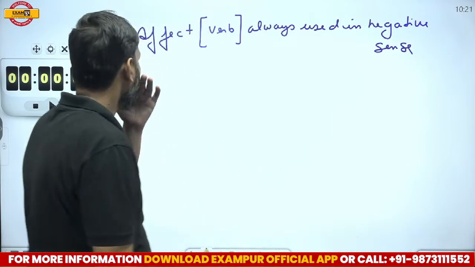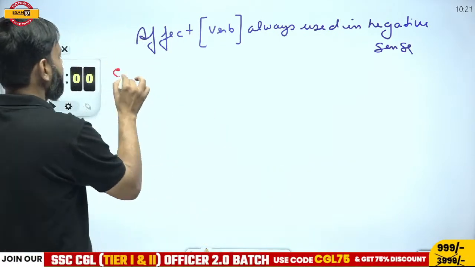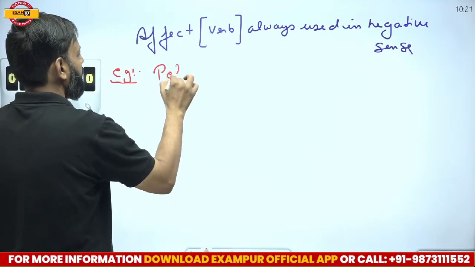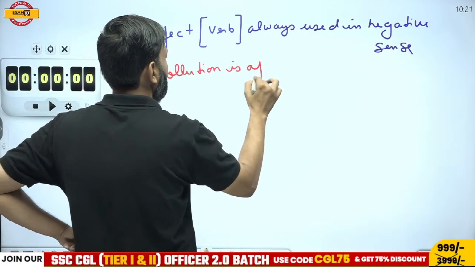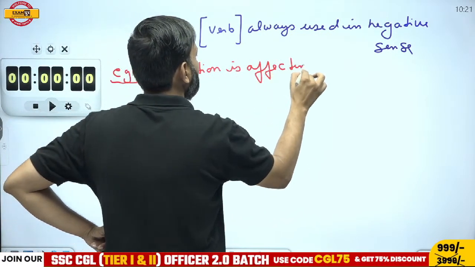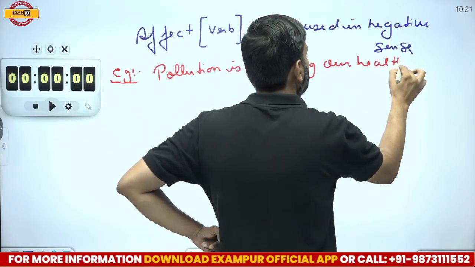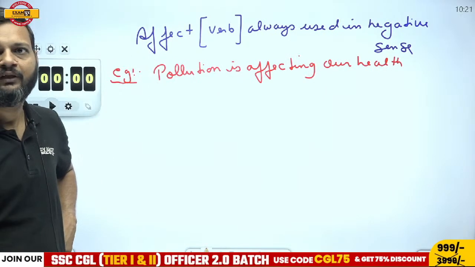Okay, always used in a negative sense. For example, pollution is affecting our health. Okay, pollution is affecting our health.